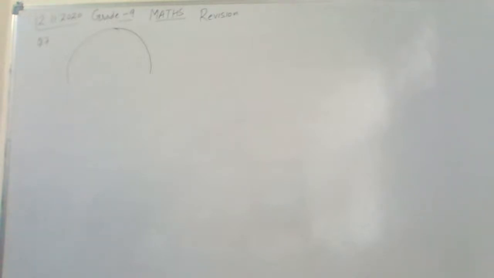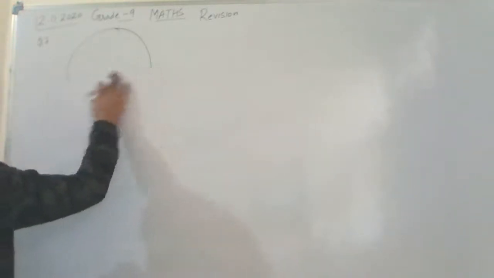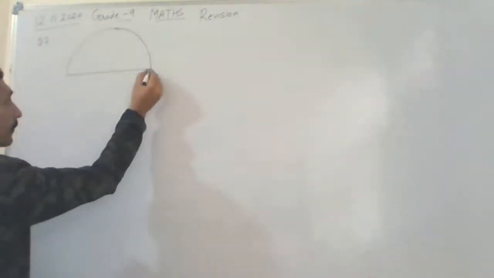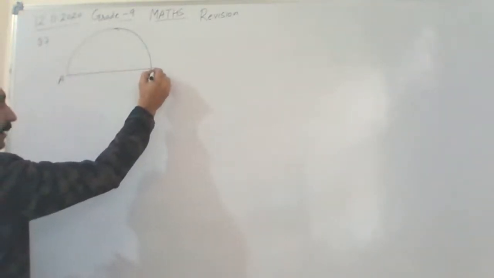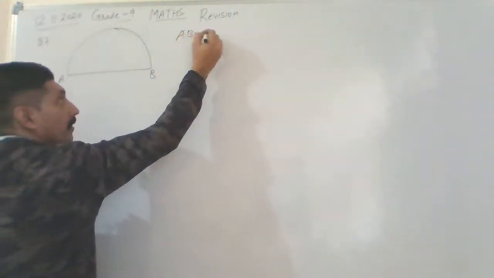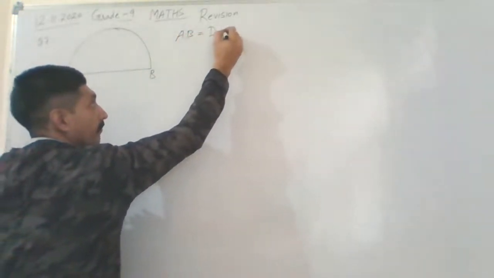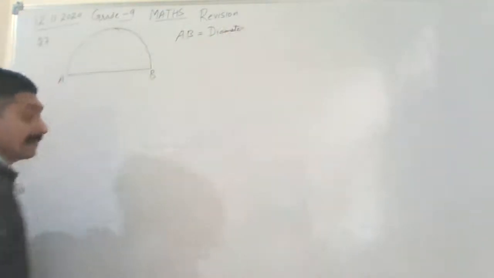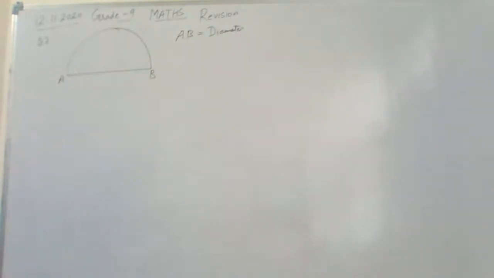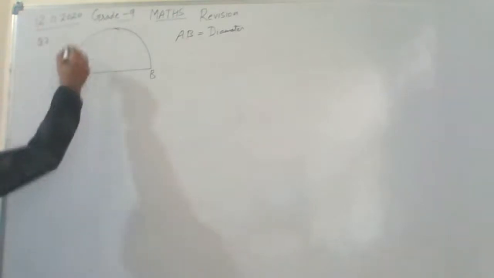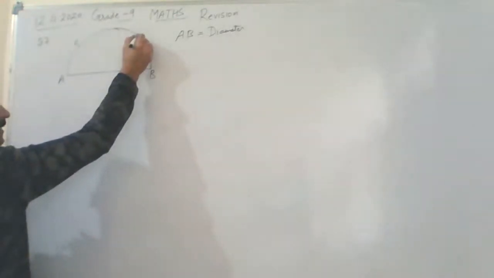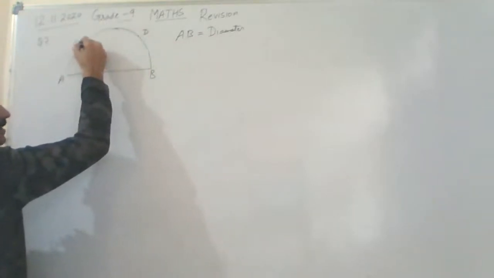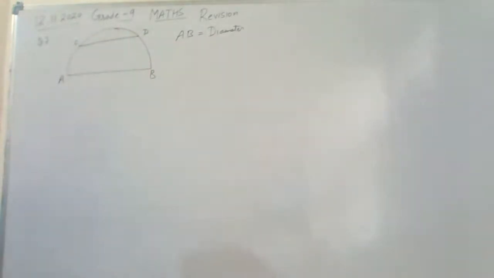C and D are the points on the semicircle with the diameter AB. AB is the diameter here, right? And we have points C and D with the angles given. One point is C here and one point is D here. Join C with D and now join the diagonals.